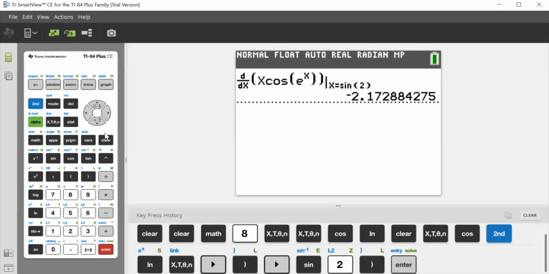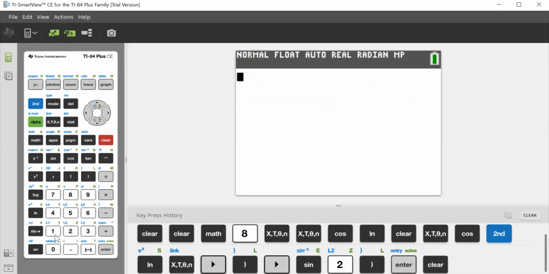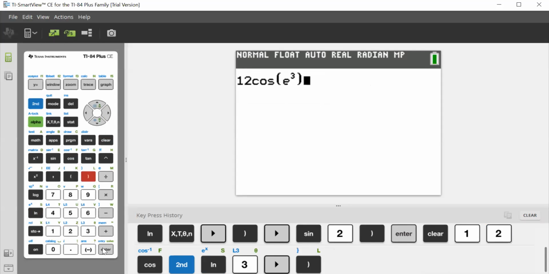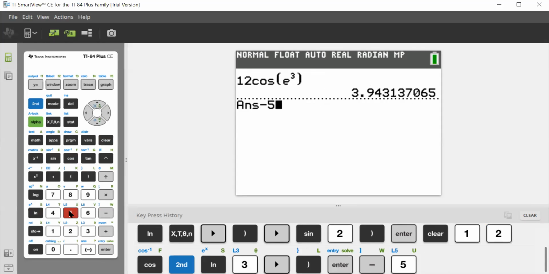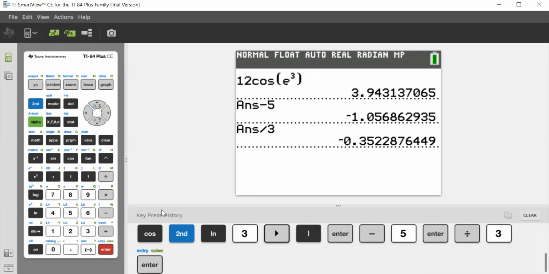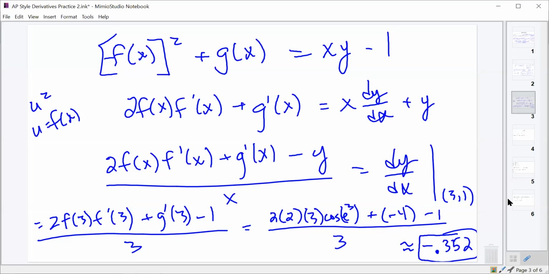So 12 cosine of e cubed, and then minus 5, and divided by 3. Negative 0.352. Yep. So if you didn't get that, negative 0.352, but you had this, just check your calculator work.